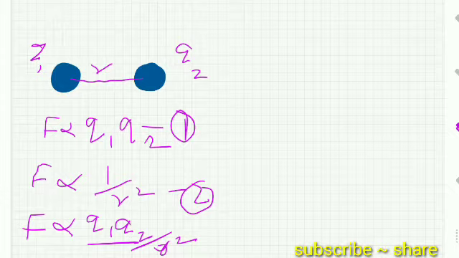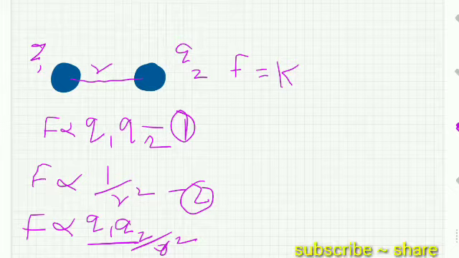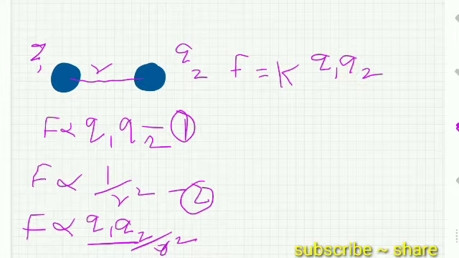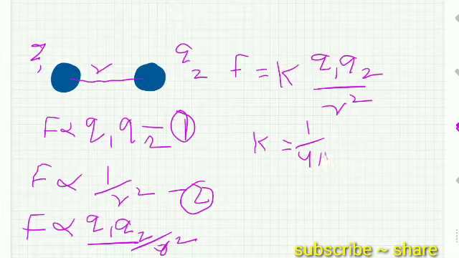Now here, with the constant k, F is equal to k into q1 q2 by r square. Then k is 1 by 4 pi epsilon naught.